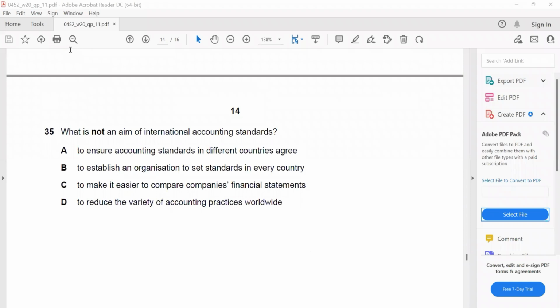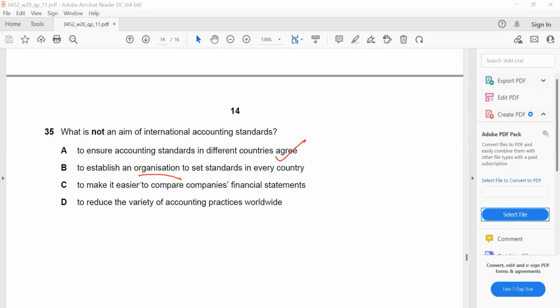35. Which is not an aim of international accounting standards? To ensure accounting standards in different countries agree, yes. To establish an organization to set standards in every country: it's not an organization, it's just a guide for organizations to follow.